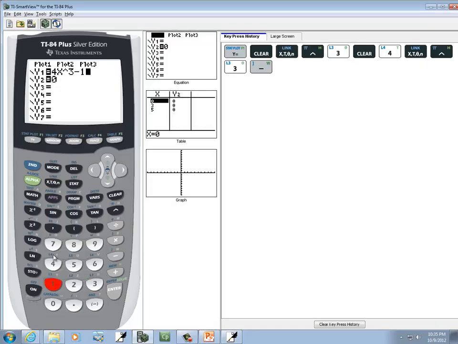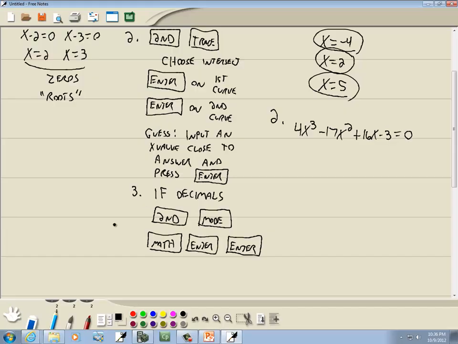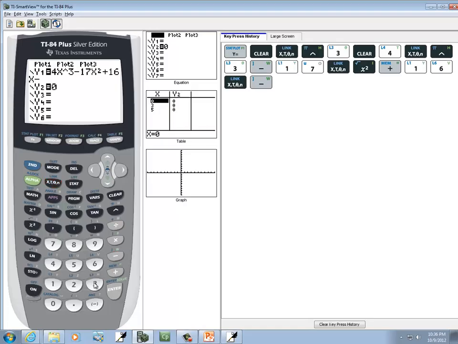Then minus 17x squared plus 16x minus 3. Now you should still have 0 on y2, so you shouldn't have to change that.